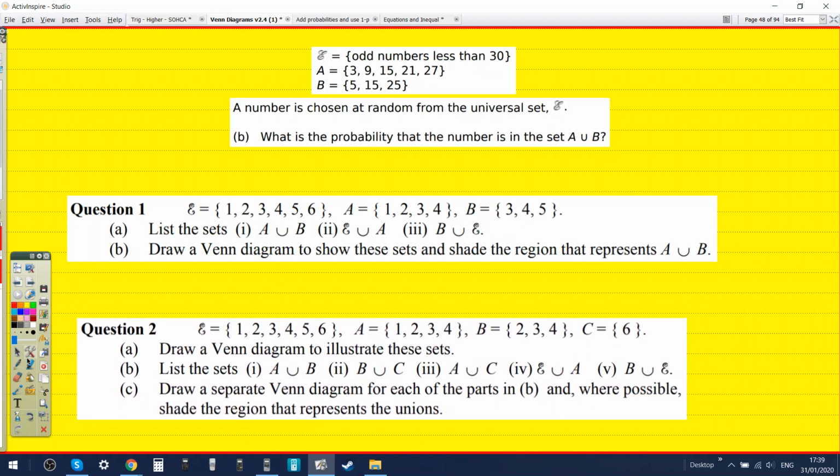So what is A union B for this one? 1, 2, 3, 4, 5, 6. Oh wait, no. Try again. Just 1, 2, 3, 4, 5. Yes. 1, 2, 3, 4, 5. That's it.